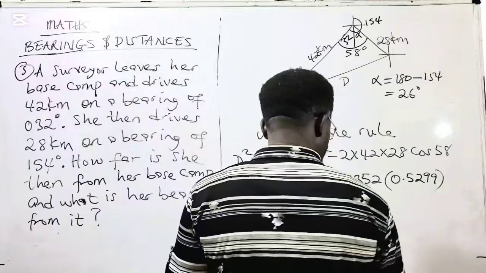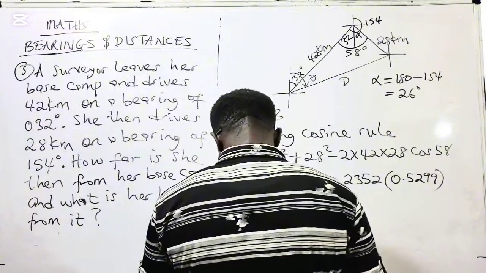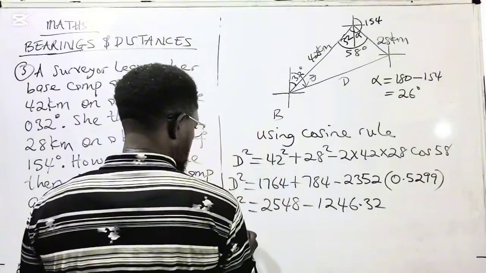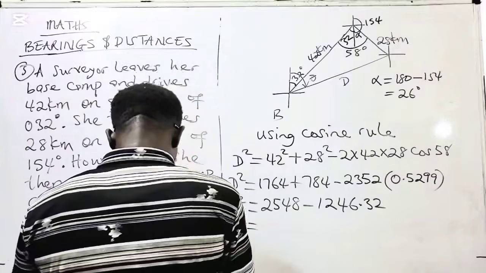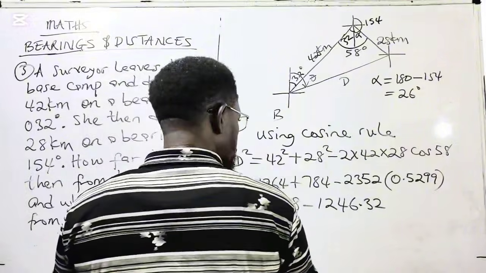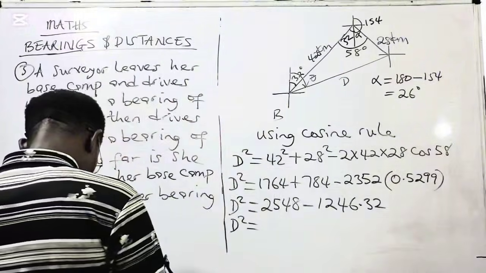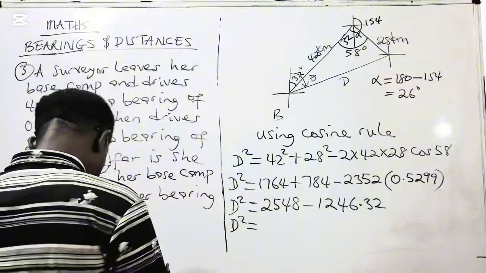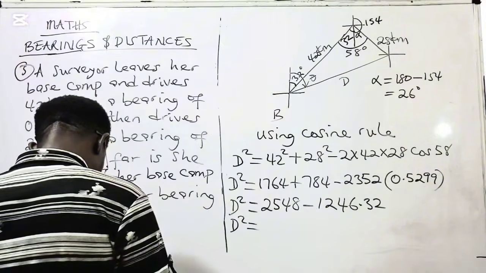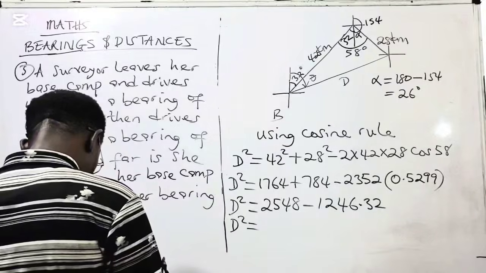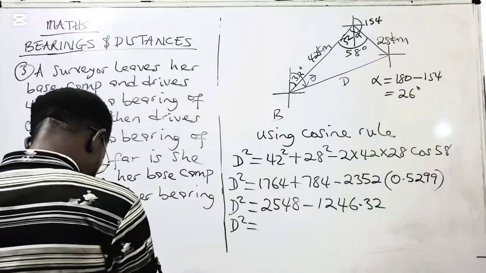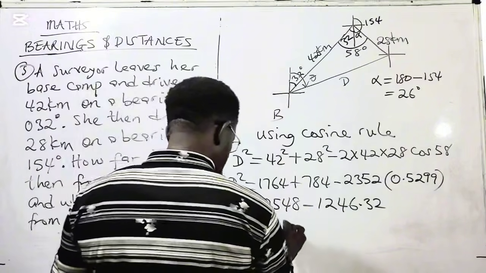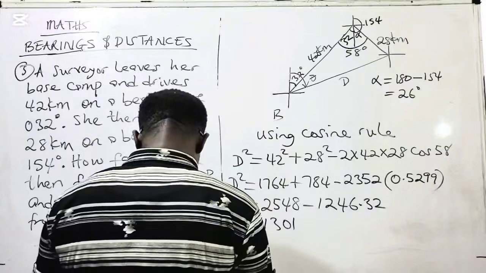That gives 1246.32. So now we have d square equal to 2548 minus 1246.32. That will give 1301.68.